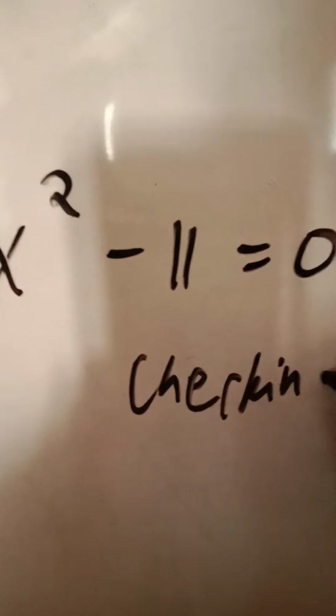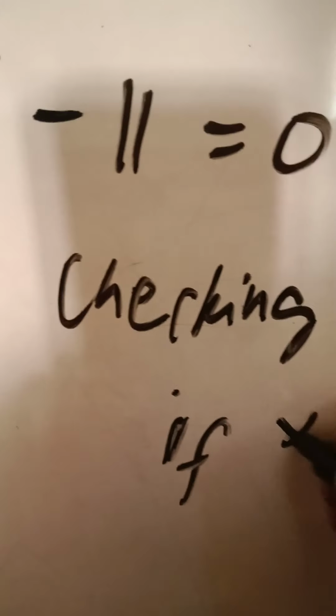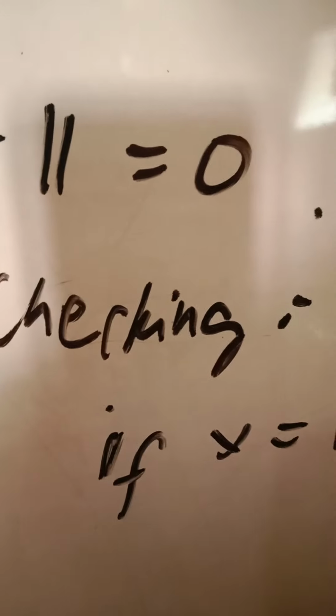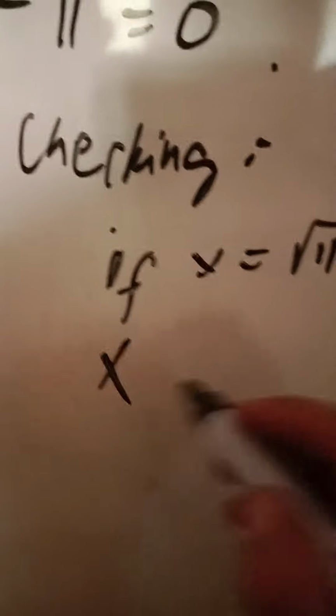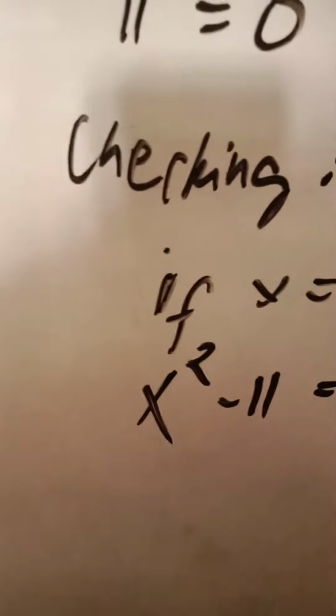So for checking, if x is equal to positive square root of 11 and if x is equal to negative square root of 11, we have to substitute the value of x. x squared minus 11 is equal to 0.